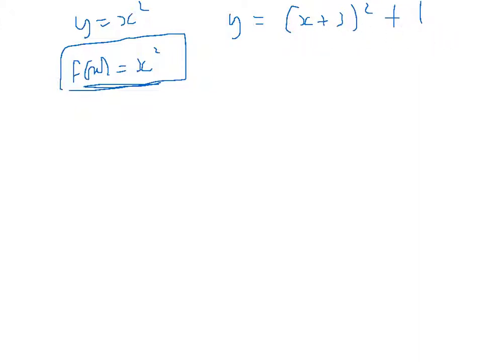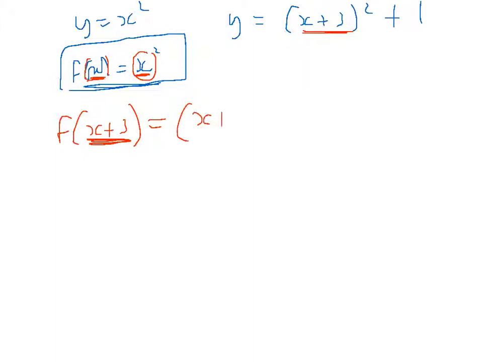Okay? So first off, we always deal with the stuff inside the brackets. This f of x means whatever's inside the brackets replaces x here. So here I have an x plus 3 all squared. If I use the rule f of x plus 3, this means whatever is inside this bracket replaces this x here.